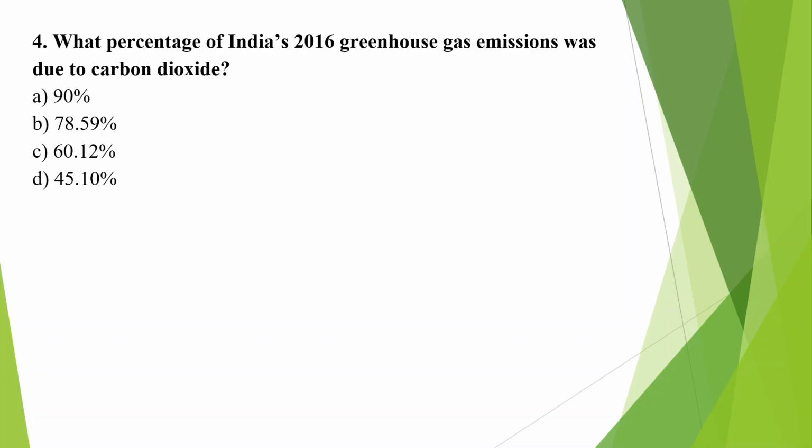The correct answer is option B, that is 78.59% according to the data, and you can refer to lecture 2 after the class, or once the slides get uploaded you will find it on slide 4: CO2 emission contributed almost 78.59% of India's greenhouse gas emissions profile in the year 2016. Okay, so can we move to the next question then?